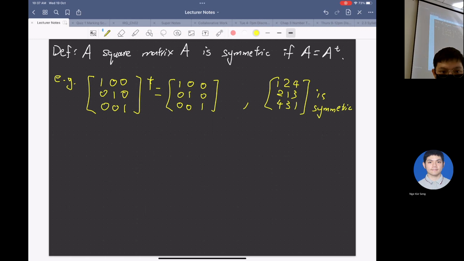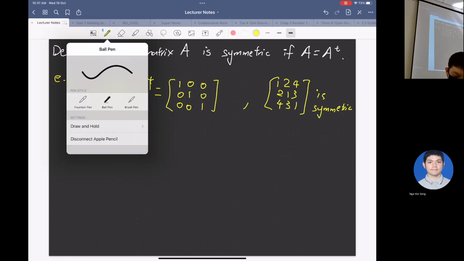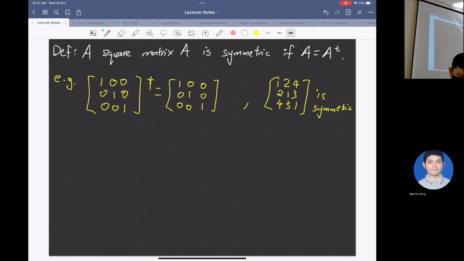Okay, next. We try to transform the Boolean algebra.